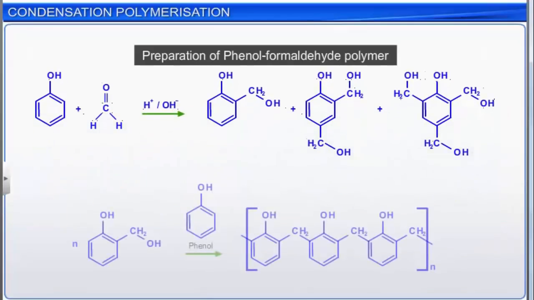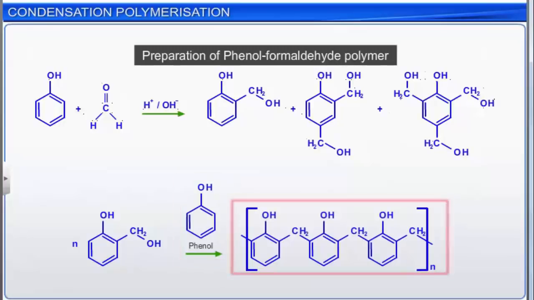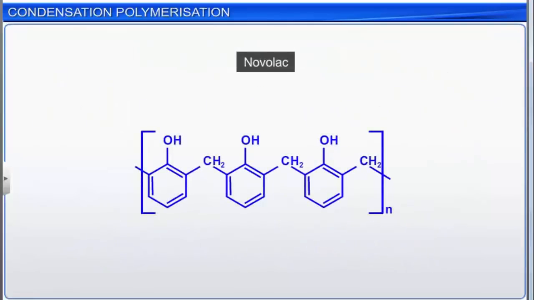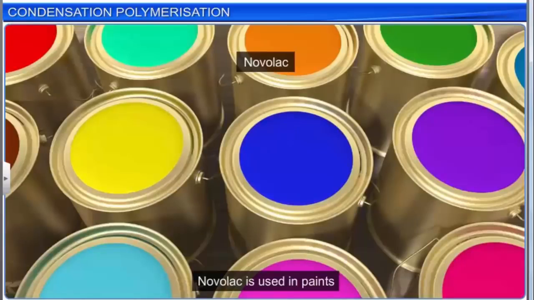In the subsequent steps, the hydroxymethylphenol derivatives react further with phenols to form polymers with rings joined by CH2 groups. For example, the linear structure shown here, known as Novolac, is used in paints.